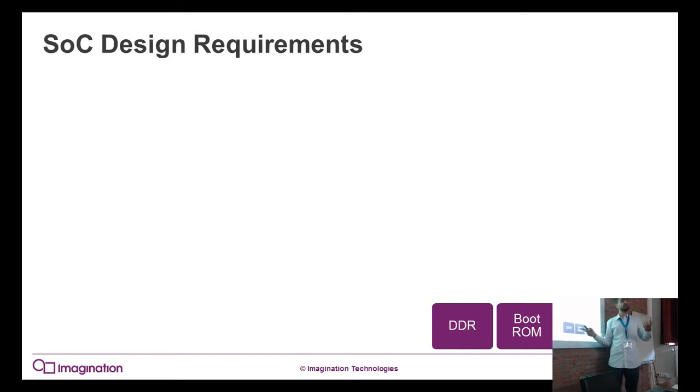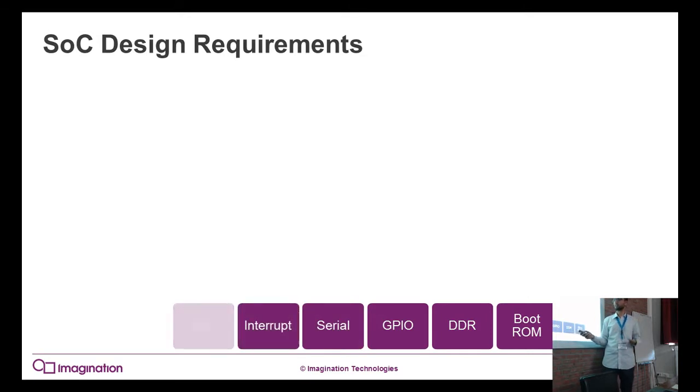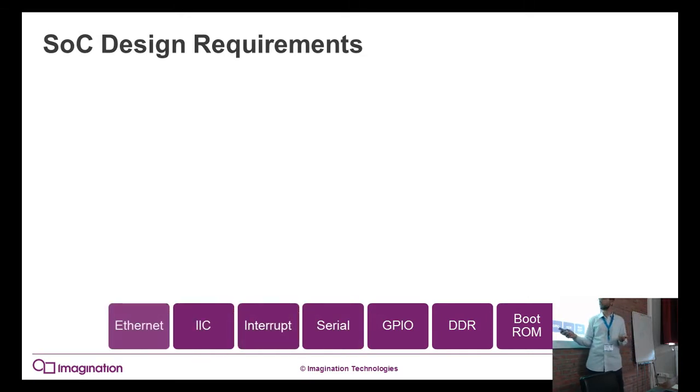DDR for MIPS should be at 0x0. Ideally, the easiest memory map is to have 128 megabytes of DDR at 0x0. Then you have a GPIO controller. You still want switches and LEDs. You have serial, interrupt, I2C controller, Ethernet controller. These are all different blocks, like various Verilog modules.